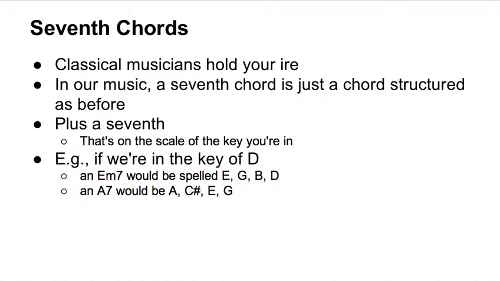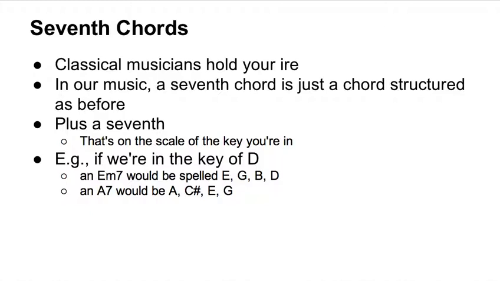But if we're in the key of D, if you see E minor 7, that means you play an E minor chord, which is E, G, and B, and then the next third above the fifth of that, or the seventh up from E, in the key of D is a D. It's not a D sharp or a D flat.